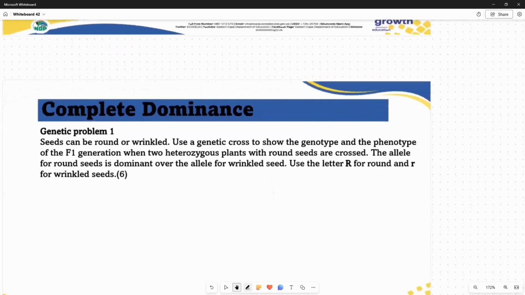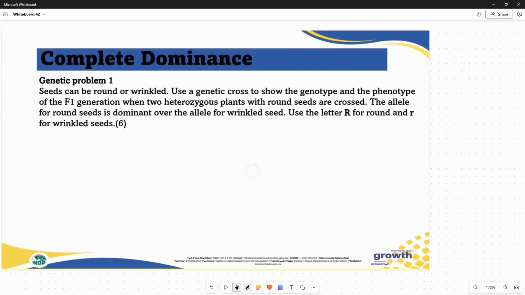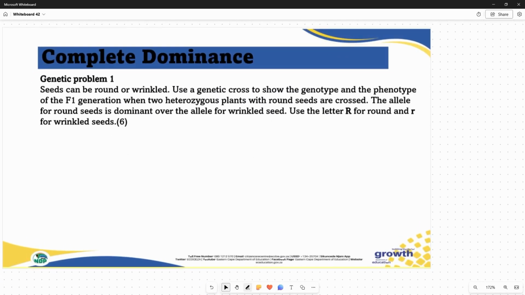Now, let us take an example. The example that we have here, which is our genetic problem 1, under complete dominance: seeds can be round or wrinkled. So it means that we have 2 phenotypes, round or wrinkled. Use a genetic cross to show the genotype and phenotype of the F1 generation when 2 heterozygous plants with round seeds are crossed.